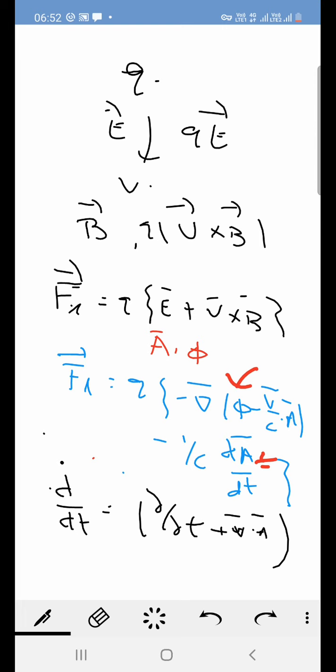This is actually the Lorentz gauge, and from here we actually find out the Lorentz force.